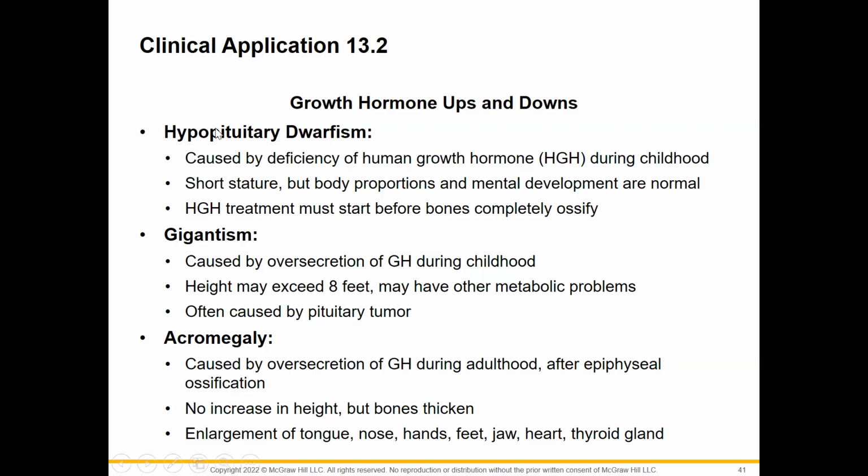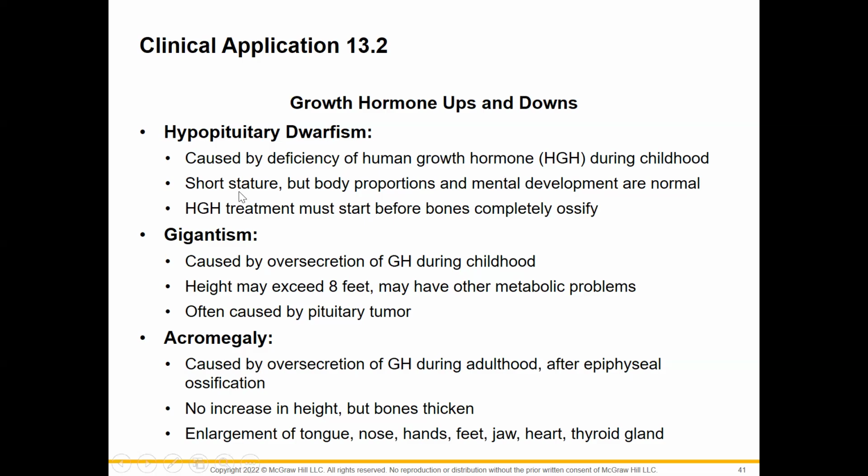So, hypopituitary dwarfism is caused by a deficiency of human growth hormone during childhood. And it's important to understand that it's during childhood because remember, childhood is when your growth plates are open. While your growth plates are open, that means your bones are ready, willing, and waiting for the signal to say, I need you to build and grow, become longer.